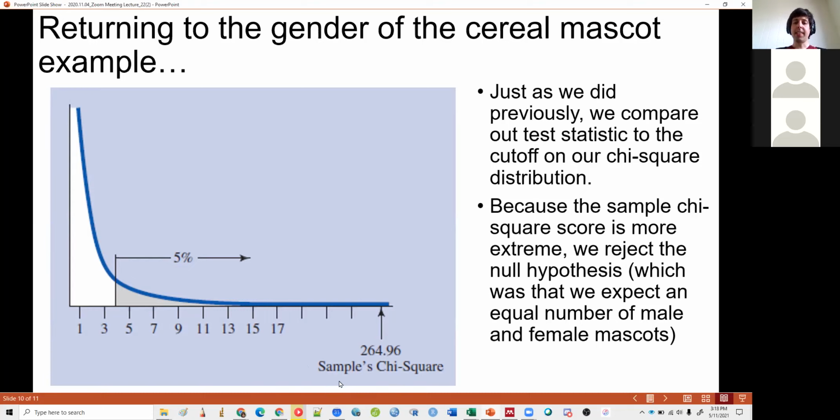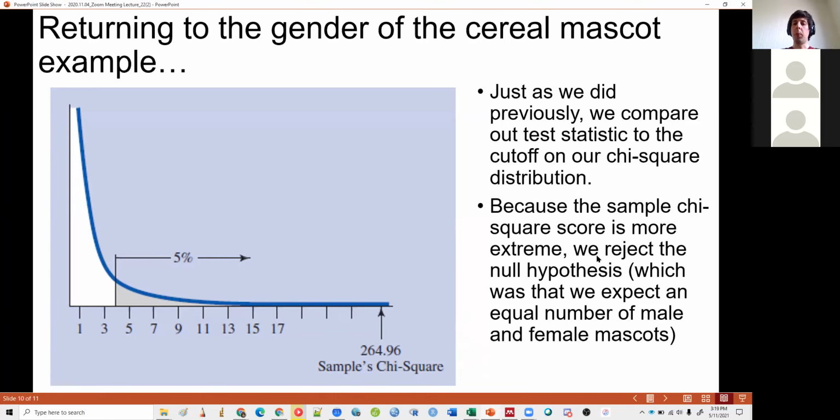And why the sample's chi-square score is so extreme is a straightforward consequence of the fact that as the sample size increases in a chi-square problem, the sample chi-square score will increase even if you keep the proportion of the 2 categories the same. We'll see an example of this in just a second.